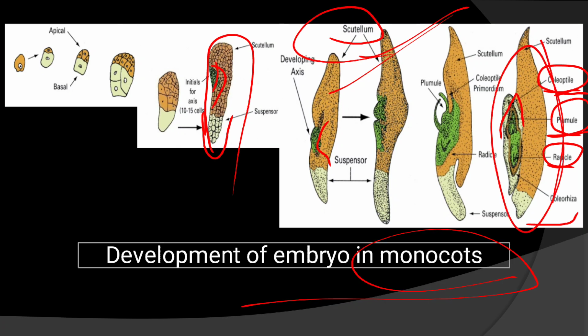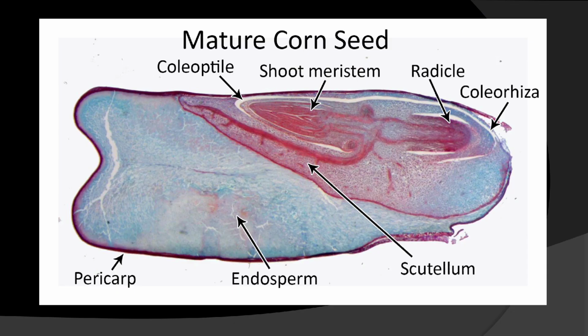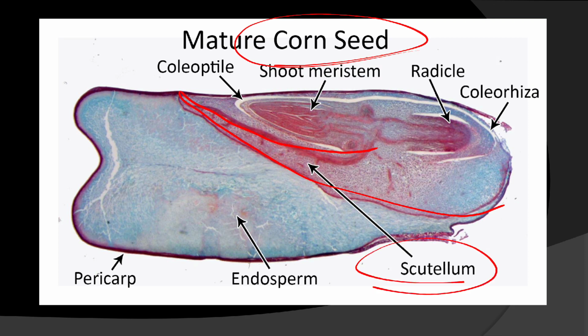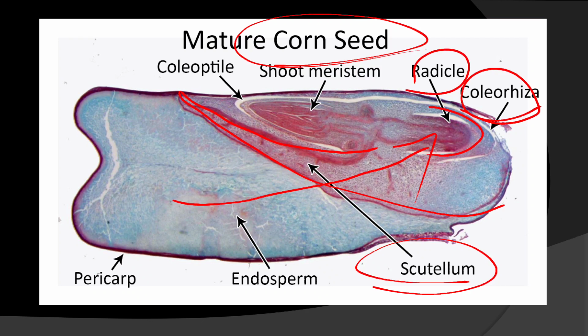Let's see the arrangement of this embryo in the corn seed. This is the diagram of the corn seed, and you can see here the embryo is placed. This is scutellum, which transfers the nutrients from the endosperm to the developing embryo. This is the coleorhiza, a sheath covering the radicle, and this one is the coleoptile, a sheath covering the plumule, or we can say shoot meristem.